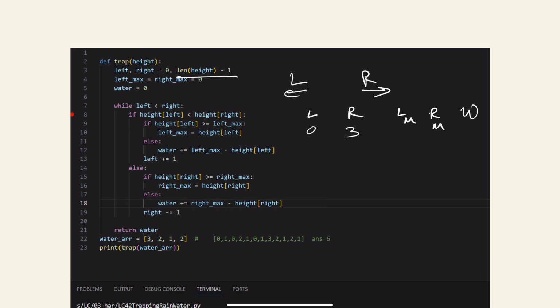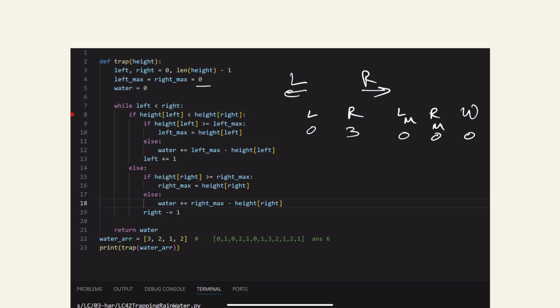The left max value will be 0 and right max is 0. And the amount of water is 0, and we start iterating the loop till left is left, right is right. If they collide with each other, stop the loop.